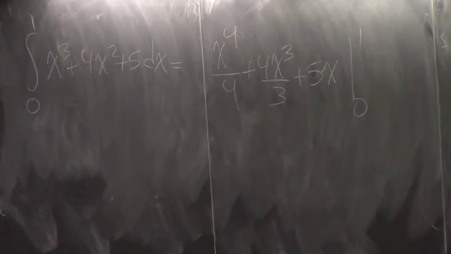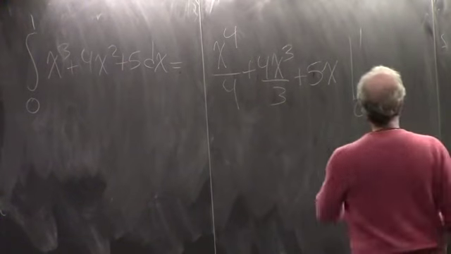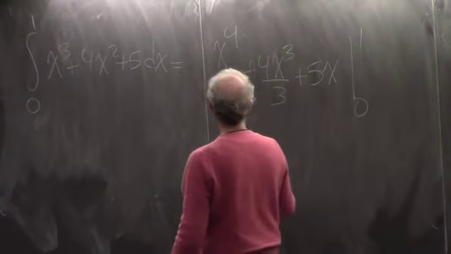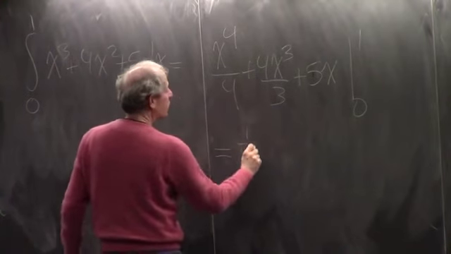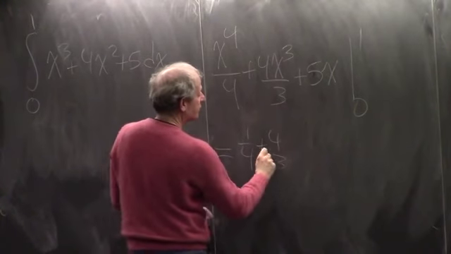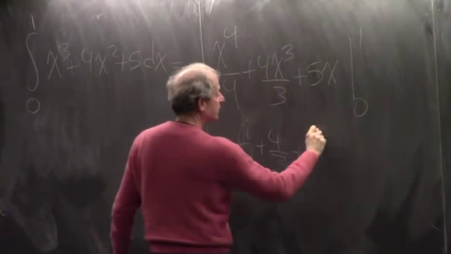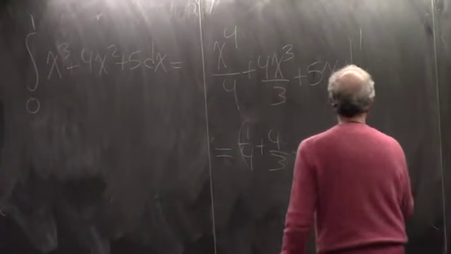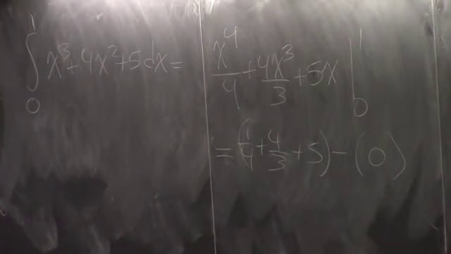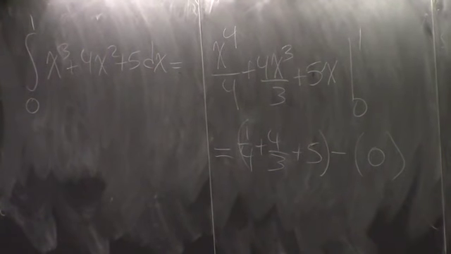Plug in 1, plug in 0, and subtract. This would equal 1/4 plus 4/3 plus 5 minus, well, everything on the right side is just about 0. So you get 79 over 12.